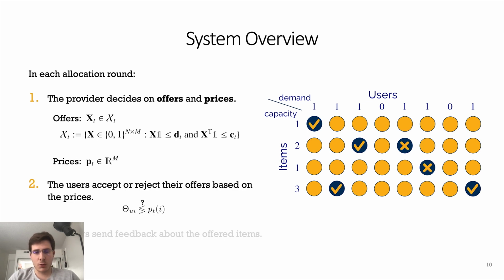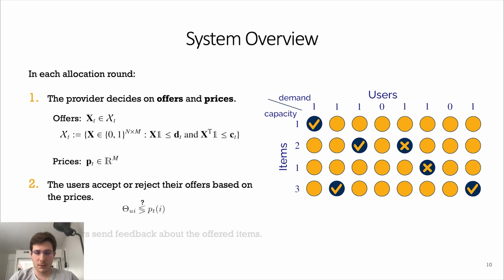Then, based on the offers that they have obtained and the prices for the items of their offers, the users accept or reject their offers. If theta UI, the valuation of user U for item I, is larger than the price of item I, then the user accepts the item, and it results in a positive reward for the system, for the provider.